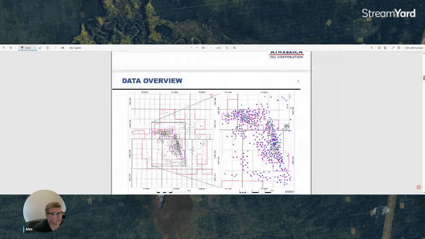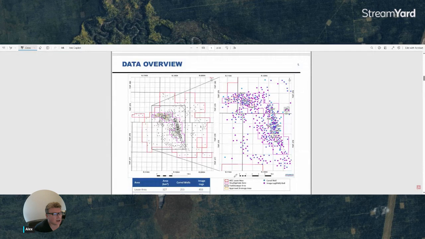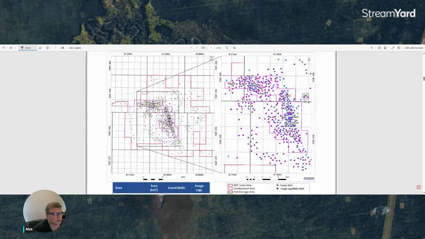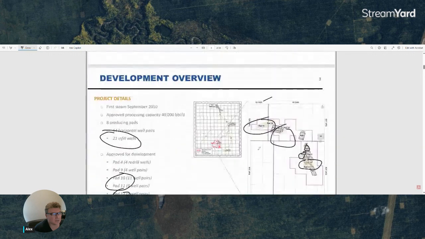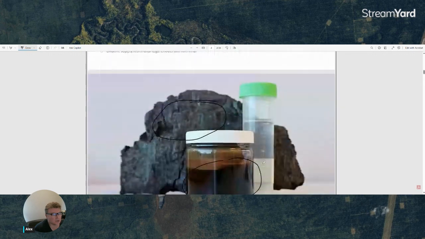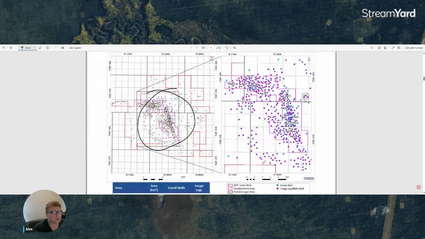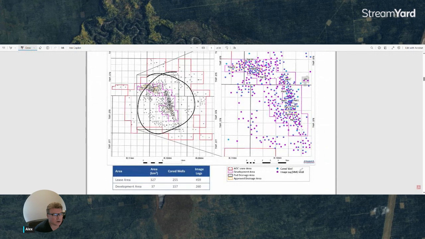So then one of the questions could be, how did they know to drill in this area? Like how did they know to develop those pads here? Well, this picture shows you that they have cored wells and image logs wells from this entire region, and they were able to basically decide where to drill for the oil based on the logs.